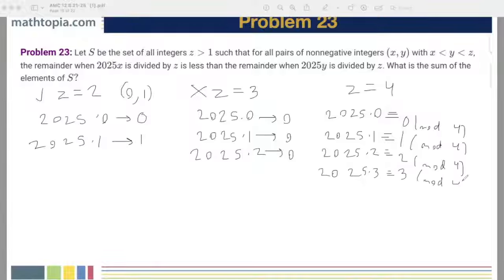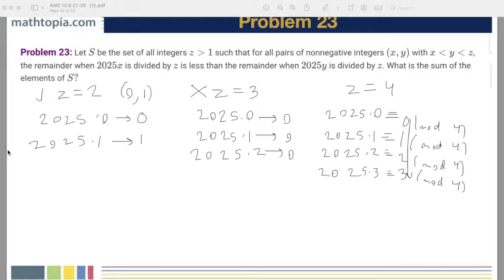We don't even need to check all the different pairs x, y here. You can see visually that no matter what pair we pick, it's definitely going to work. For example, if we picked x equals 1 and y equals 3, the two remainders are 1 and 3, and indeed 1 is less than 3. Because we have an increasing list of remainders, every pair gives a first remainder less than the second.